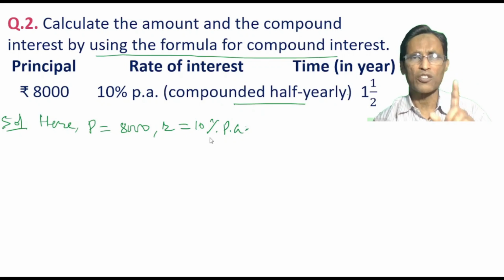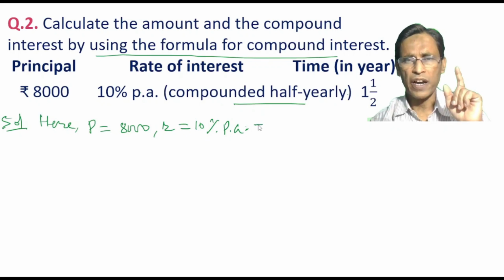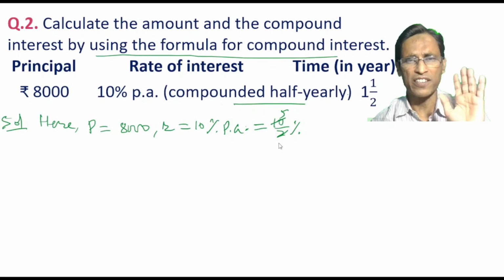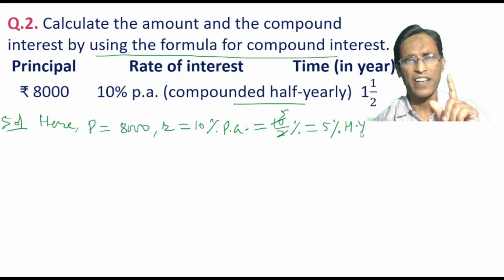The rate of interest mentioned per annum has to be converted into half yearly, because whenever interest is charged, whenever it is compounded, it is compounded half yearly. So for the half yearly value we have to divide it by 2, and then 10 by 2%. 2 fives are 10, 10 is divisible by 2 in 5 times, and so it will be 5% half yearly. Half yearly we can mention it as HY.